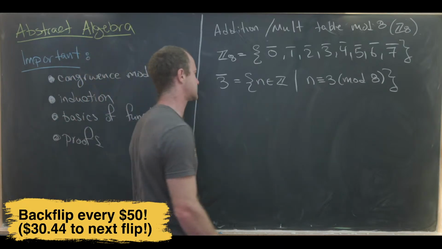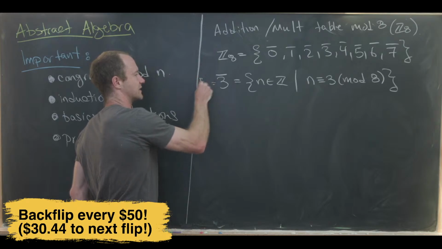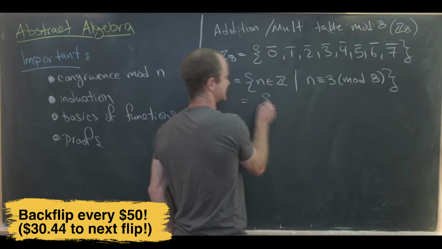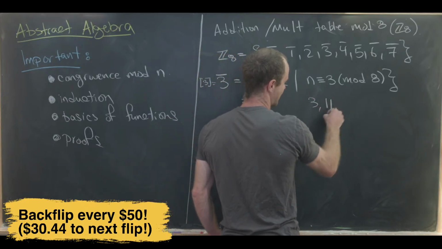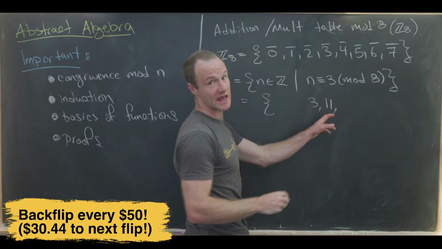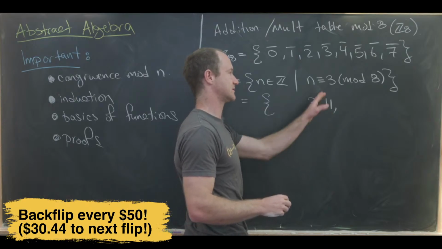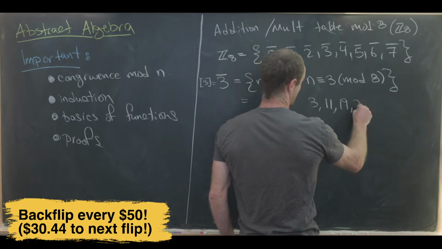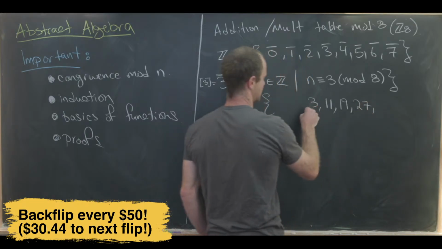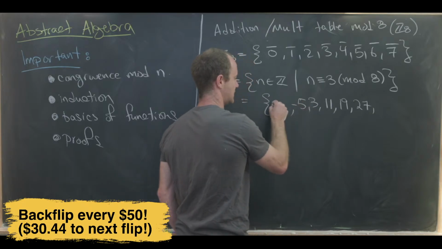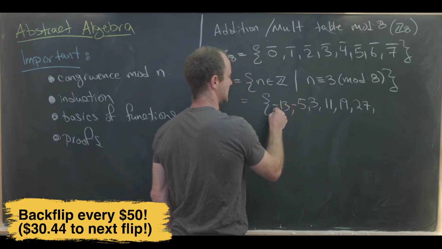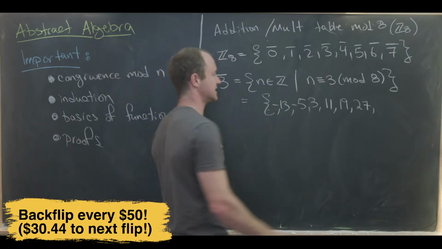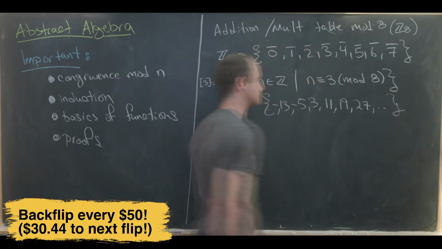You'd maybe put brackets, so maybe let's put brackets over here. You would also maybe see that as bracket 3. So what do we get here? You'll get 3, 11. Notice 3 plus 8 is 11. That means that 11 minus 3 is a multiple of 8. 19, 27. Then back this way, negative 5, negative 13, and so on and so forth. So this is your equivalence class.